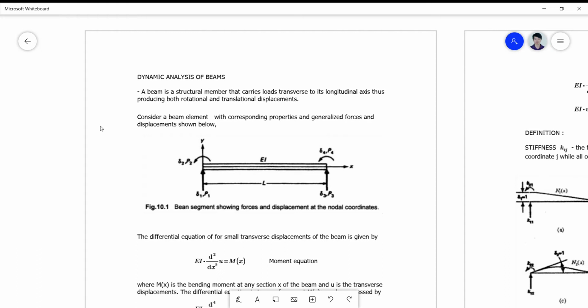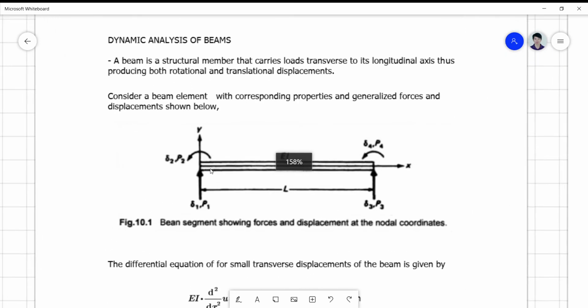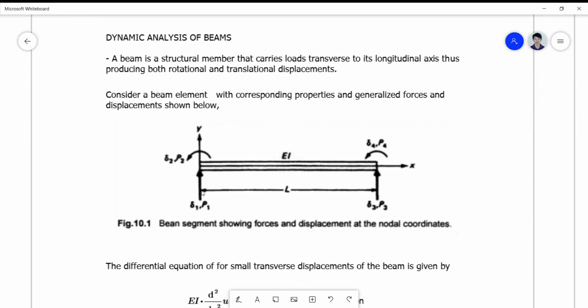And if we look at the figure here, we can see two translational displacements, which are vertical forces, or they are transverse to the longitudinal axis, and also two rotational displacements, which are actually located and applied at the ends of the beam.